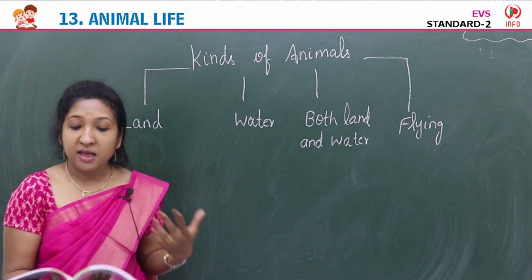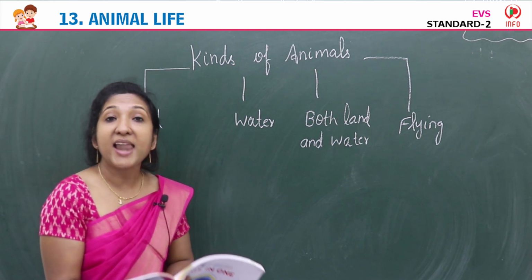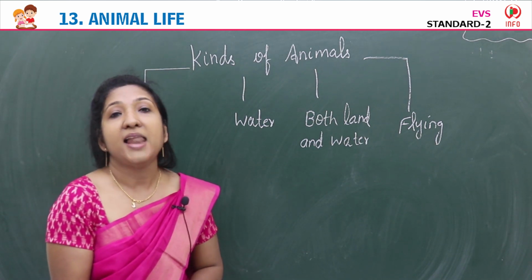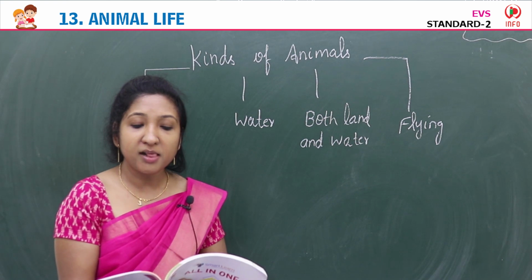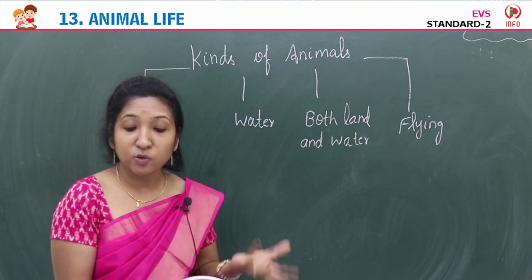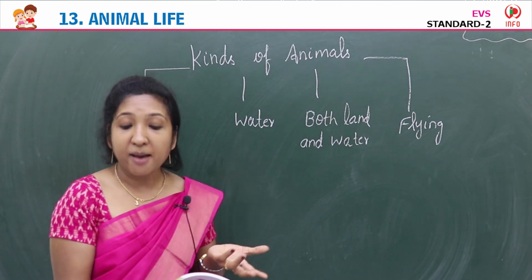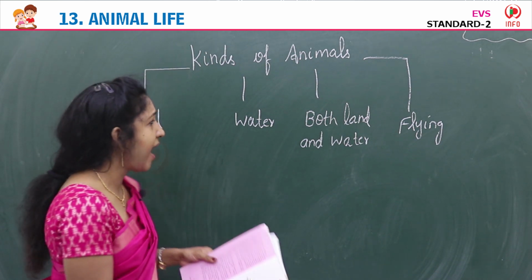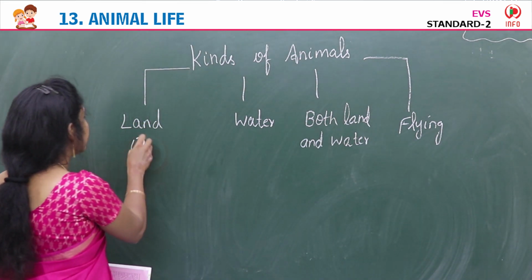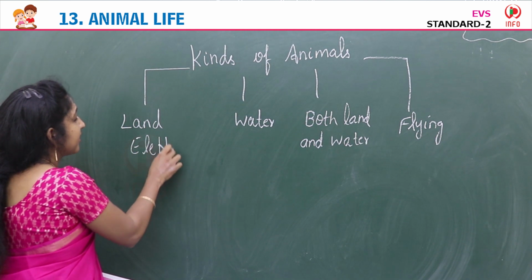Those animals which live on land are called land animals. Examples: kangaroo, elephant, camel, beaver, etc.